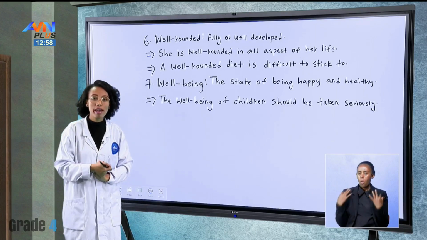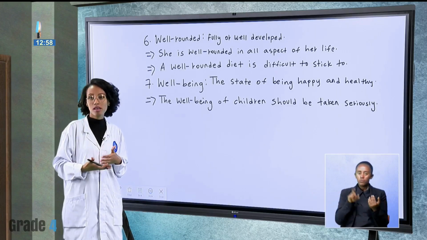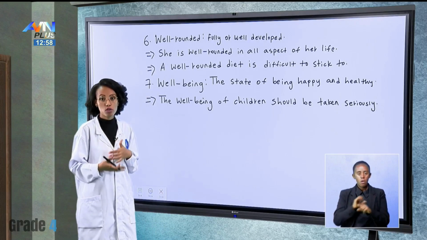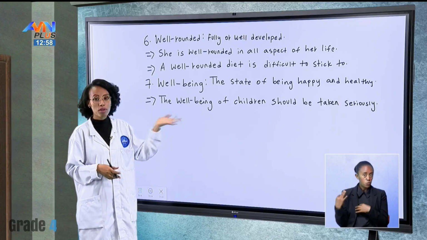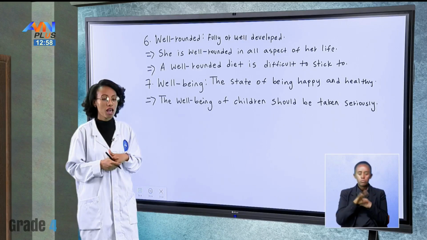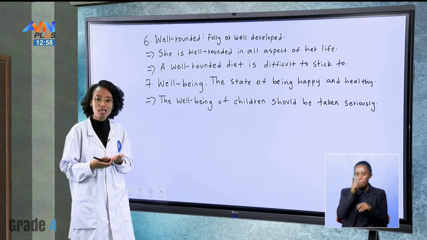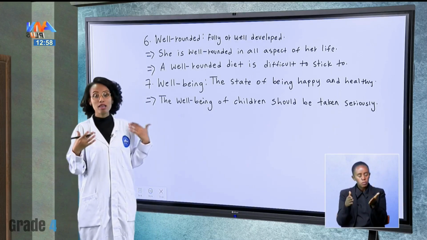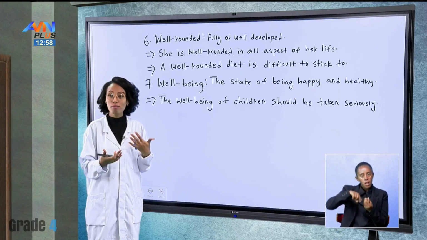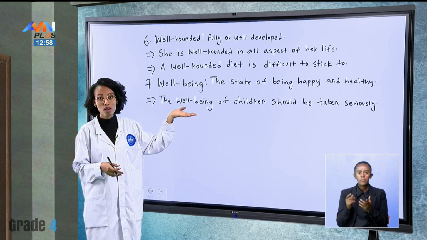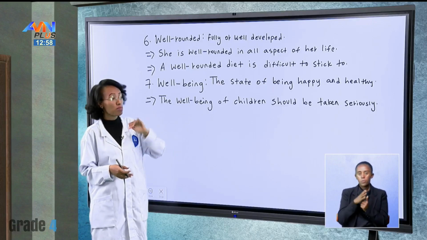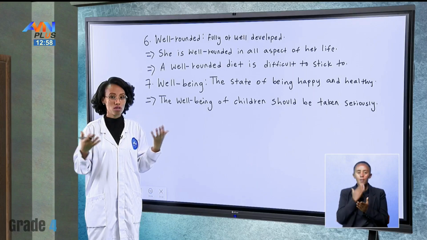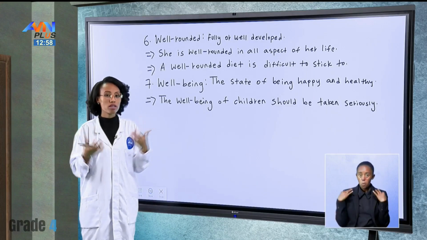They should be happy and they should be healthy to grow up to what? Strong, capable individuals, right? So the well-being of children should be taken seriously by their parents, by the schools they go to, by their teachers, by the village, by the environment, everyone, right? It should be what? A priority, and it should be taken very seriously because that is what makes good individuals. Having well-being makes what? Good individuals.